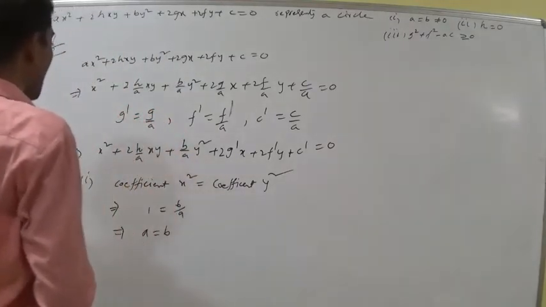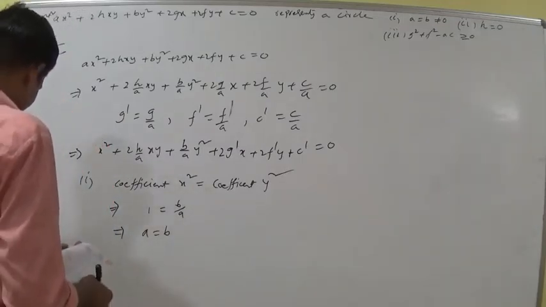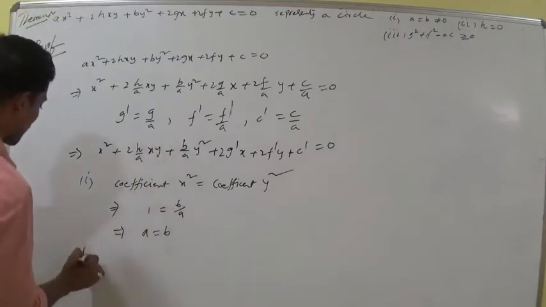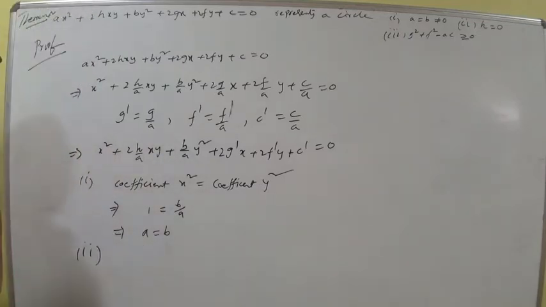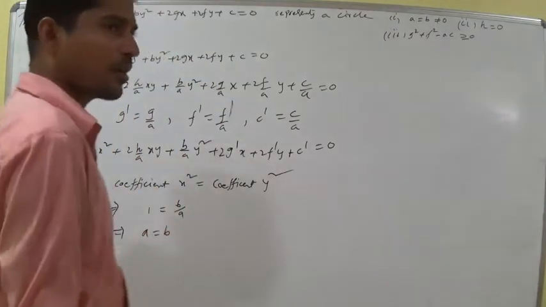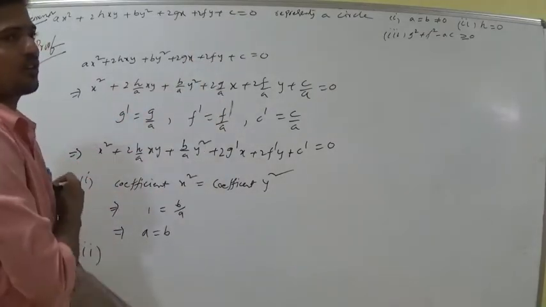Now the second one: h = 0, that means the xy coefficient is equal to 0. To represent a circle, the xy coefficient is equal to 0.